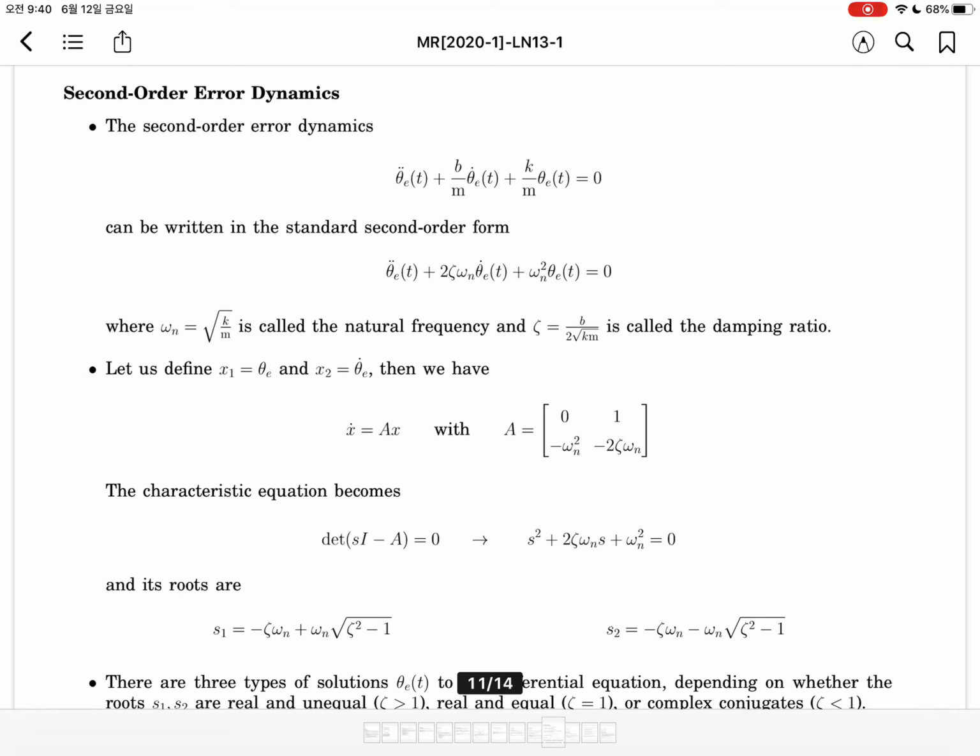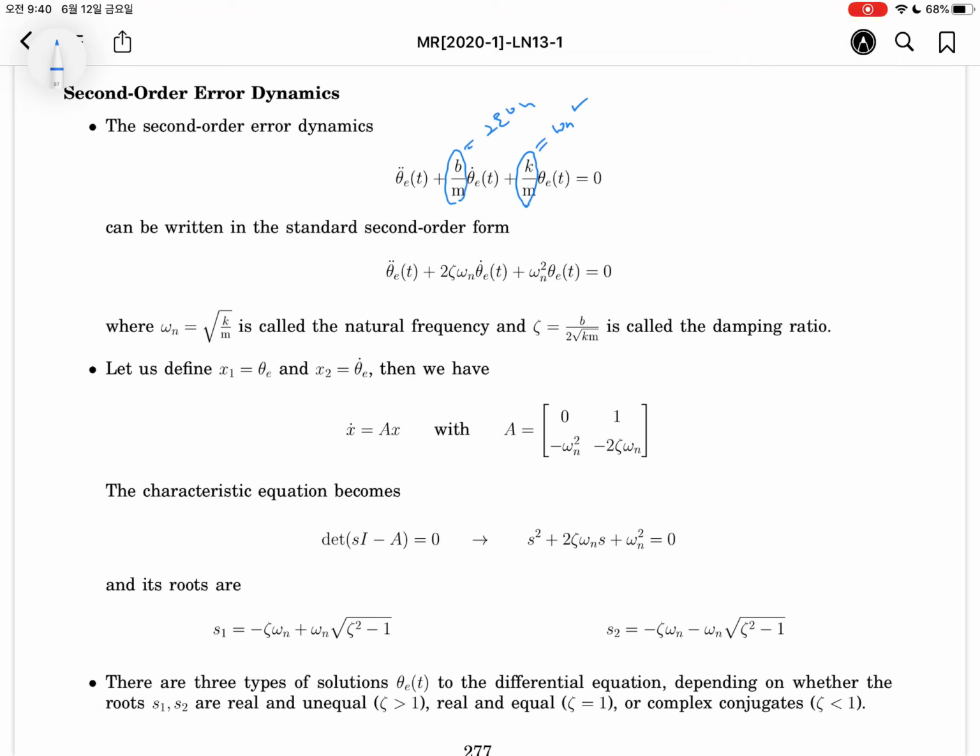Okay, the second order dynamics. Maybe you are good at this equation. We will divide every term by m. Then we have this equation. In here, this part will be 2 zeta omega n, and this one will be omega n squared.